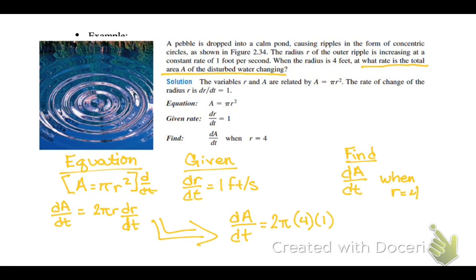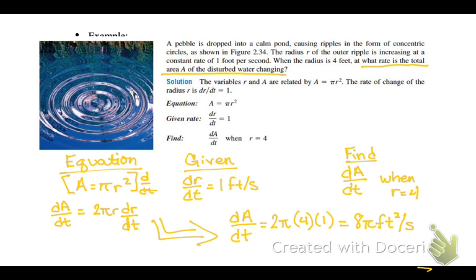So I'm pretty sure it's 8 pi feet squared per second. How do I know it's squared? Because we're talking about area, right? Isn't area always squared? Yeah. So once you find the equation, the given, and the find, it tells you what to do, correct? Yeah. So you just have to step through that.